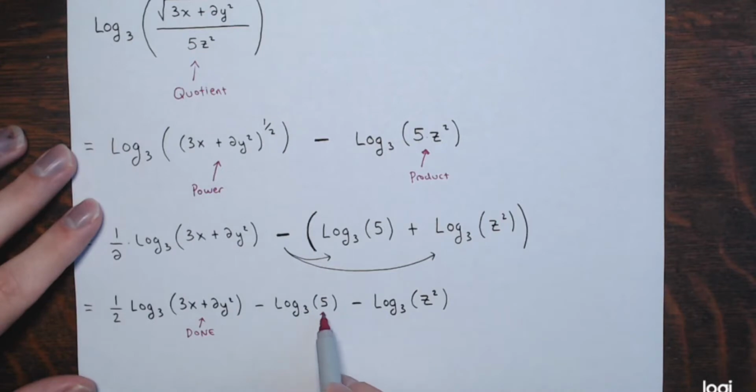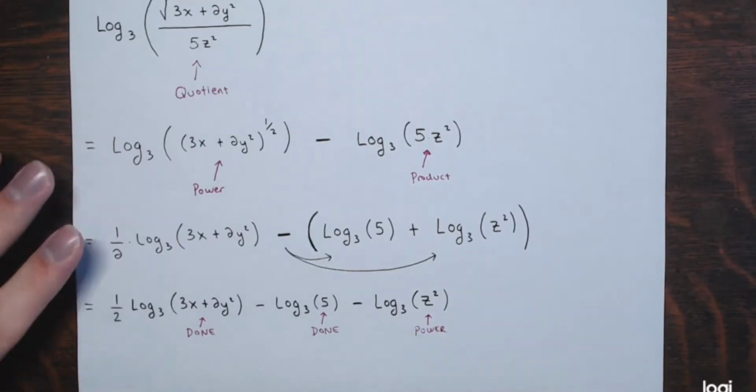The argument's just 5. That is not a product, it's not a fraction, and it's not all raised to a power. So I'm done with that one as well. And I look inside this one, z squared. See how the entire argument here is raised to a single power. So I can apply the power property.